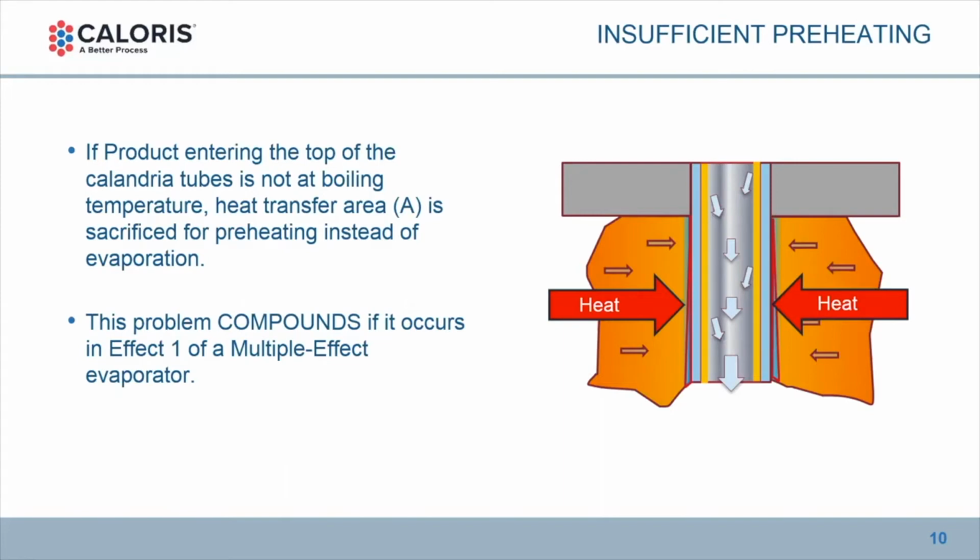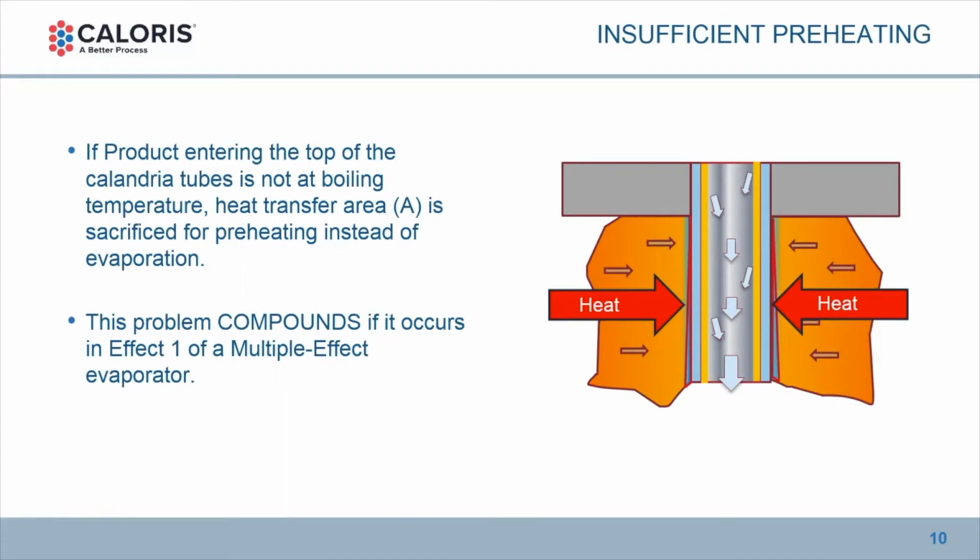But if that product is not at boiling temperature when you start putting heat to the outside of that tube shell, your calandria is now a preheater, not an evaporator. You are not effectively utilizing that surface area of the calandria for evaporation. Your A effectively is getting smaller.